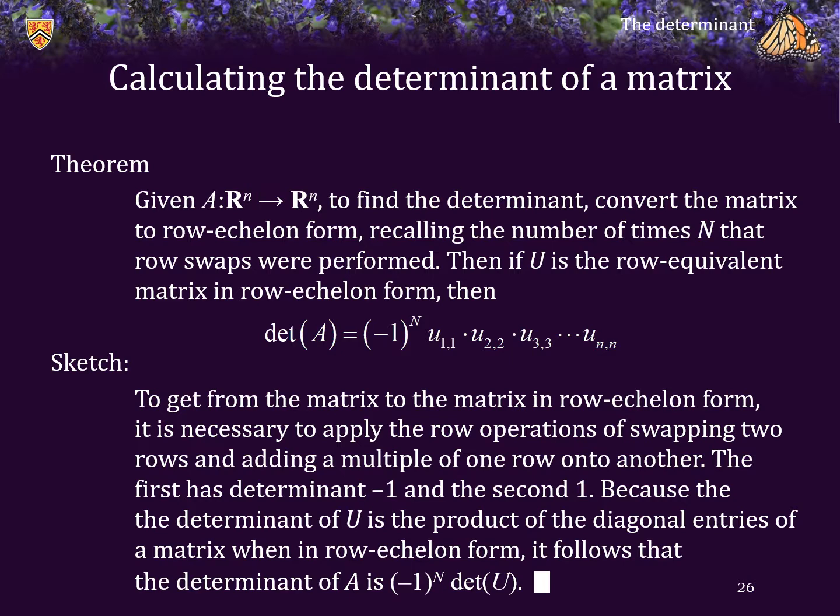Because the determinant of a matrix in row echelon form is the product of the diagonal entries of that matrix, it follows that the determinant of A is equal to -1 raised to the power of the number of row swaps that occurred times the determinant of the matrix in row echelon form. And the determinant of the matrix in row echelon form is the product of the diagonal entries of that matrix.